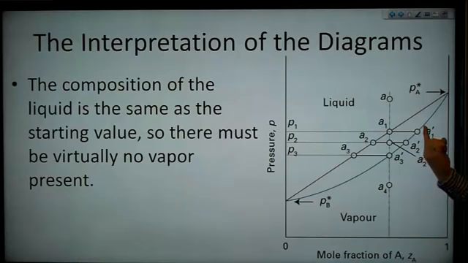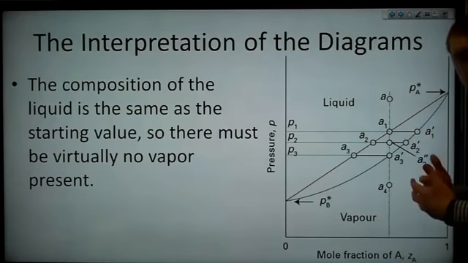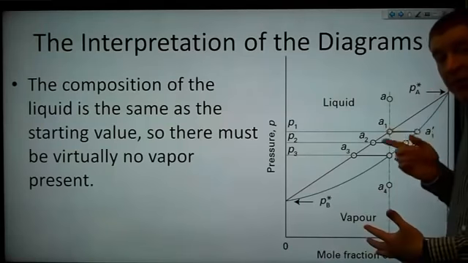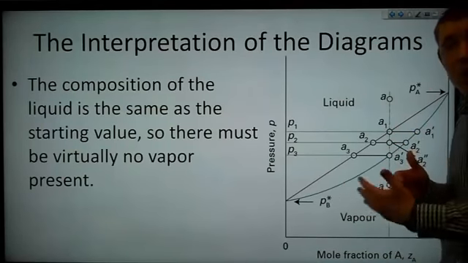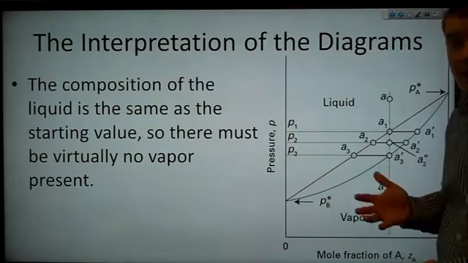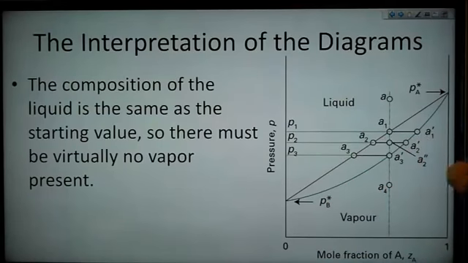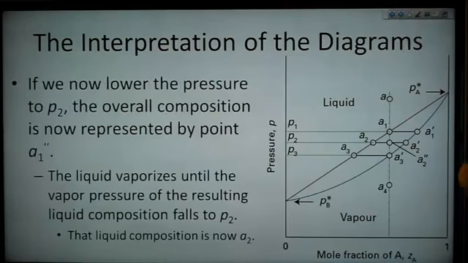Because if we push more of our vapor to this composition, remember we're enriching the vapor in A, which means we must be enriching the liquid in B. But if we haven't actually changed the composition of our liquid, that means we must not really be enriching it in B very much. It means we can't have very much of our vapor phase. So there's not much vapor phase actually present.